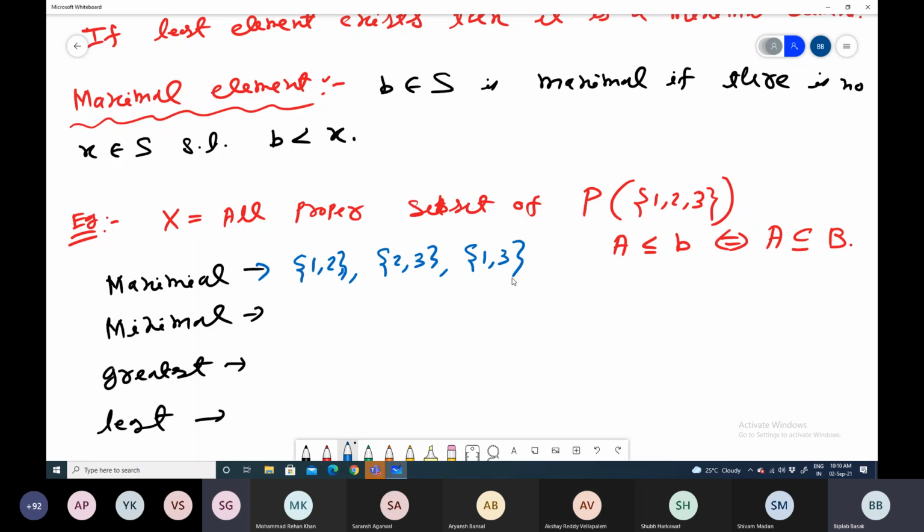The singleton sets, sorry. And the greatest? It does not exist. And the least? The empty set. See, it is simple. So this is just the difference between the least element and the greatest element, and between greatest and maximal, and least and minimal.